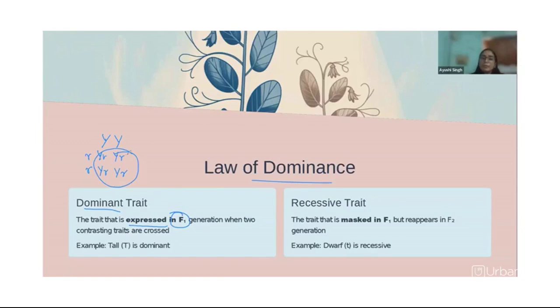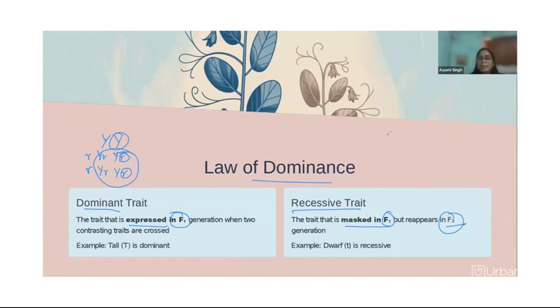Even though the genes for the green seed are there, the seeds turn out yellow because this is the dominating trait. The recessive trait is the one which is masked in the F1 generation, not shown there, and reappears in the F2 generation in a very small amount.